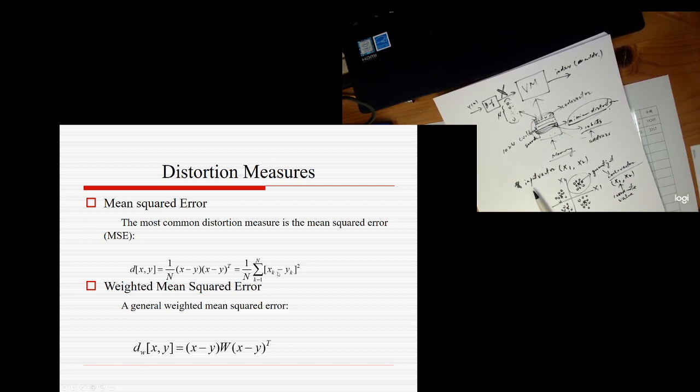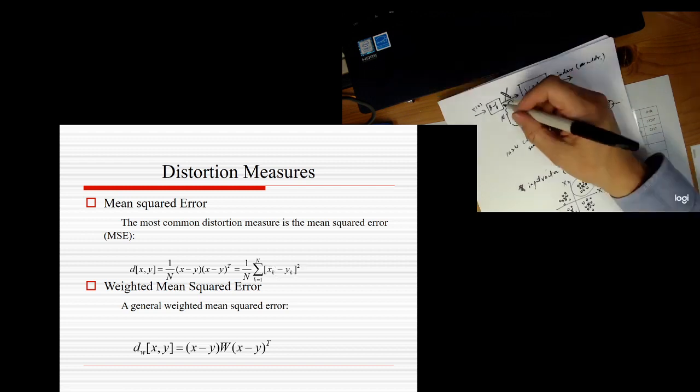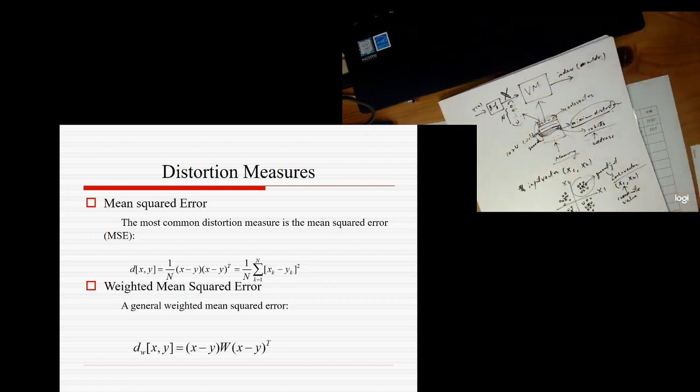Each component is subtracted by the corresponding component in your code vector to calculate the distortion. The differences can be positive and negative.